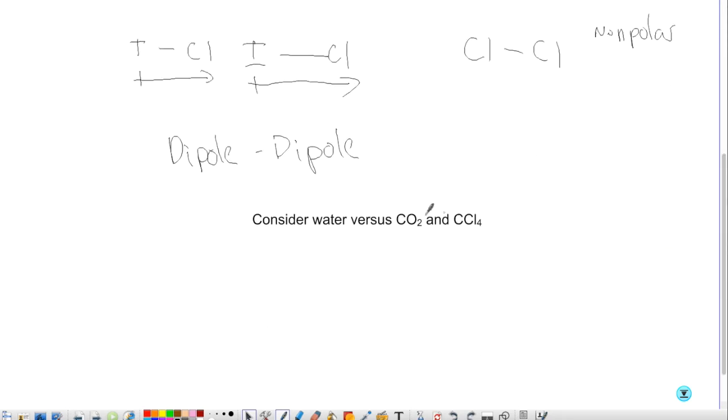Now, something to keep in mind here is that there can be some strange stuff. All right, the shape of the molecule actually does matter. So let's take a look at water, which is a liquid at room temperature, versus CO2 and CCl4, which are gases at room temperature, which means that they have very weak intermolecular forces. Here's CCl4.